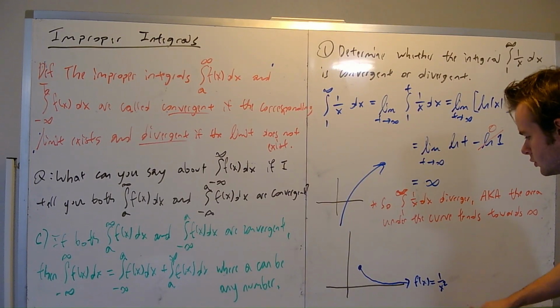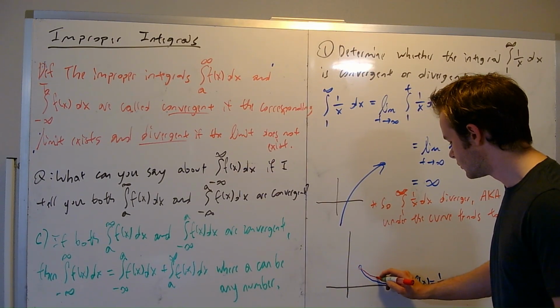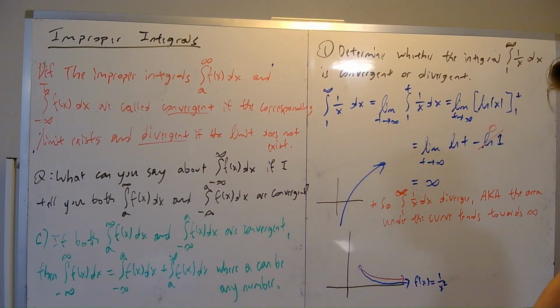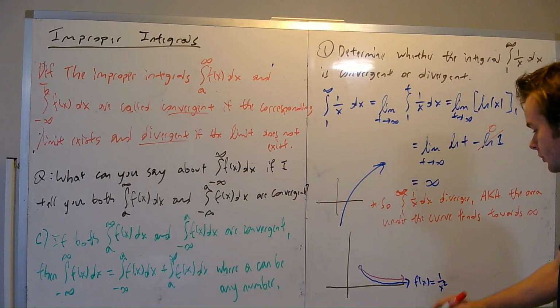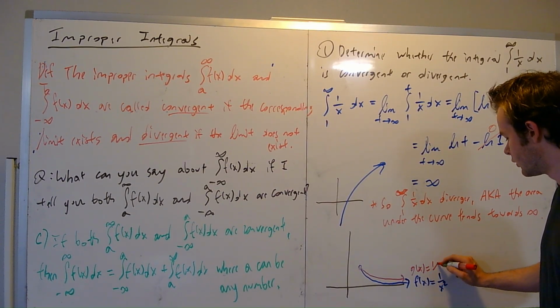And let's also draw the function 1 over x. Right, so it essentially looks the same, it's just a little bit less steep. So this is g of x equals 1 over x.